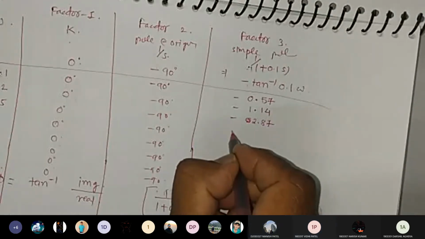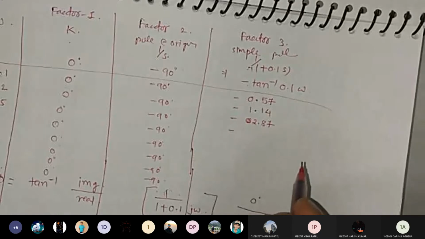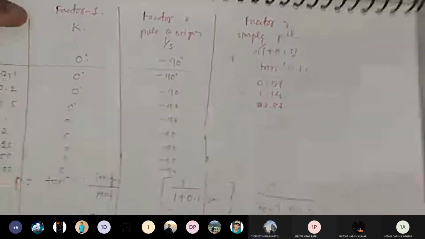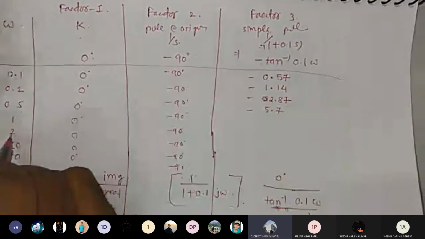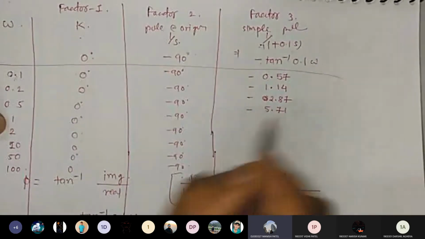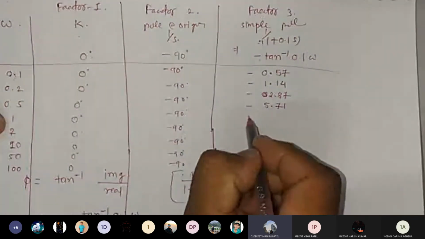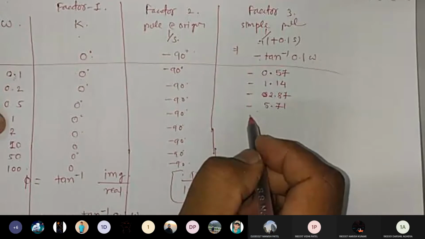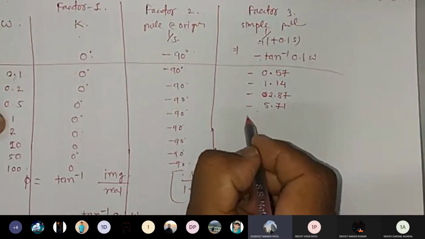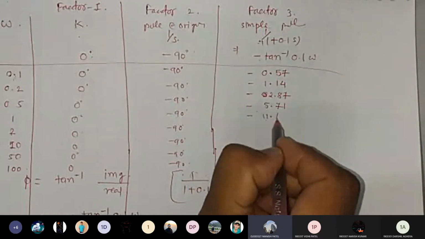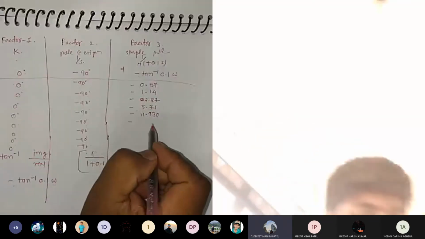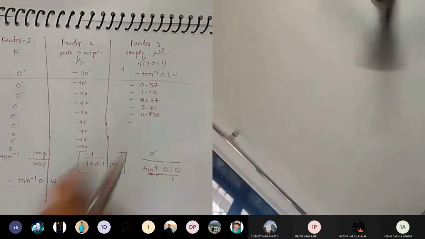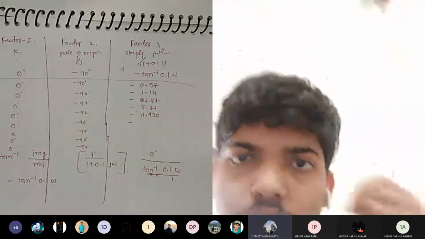Next 1, minus 5.71. For 2, minus 11.13. For 5, minus 30. For 10, minus 45.